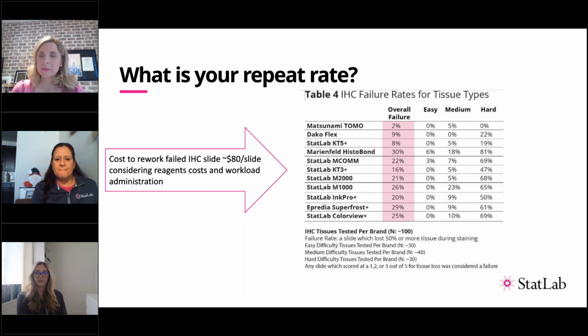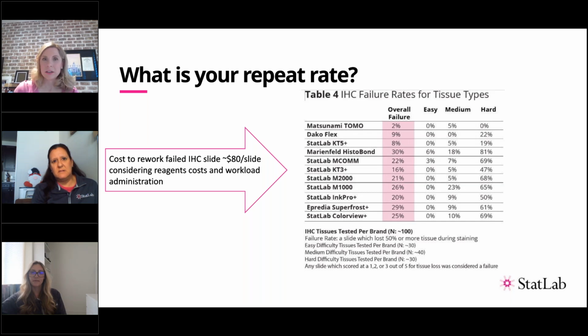Does anyone else have issues with repeat rates? Feel free to use that chat. In some other studies that we've seen, the cost was $80 a slide for a failed IHC slide.